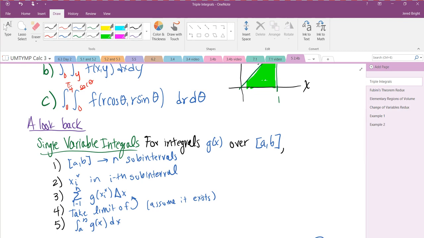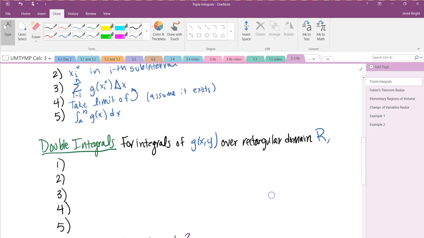And then this year we looked at double integrals as well. So now we took our region R and split it into n squared subrectangles. Okay, and then we looked at the point x_ij star in the ij subrectangle.